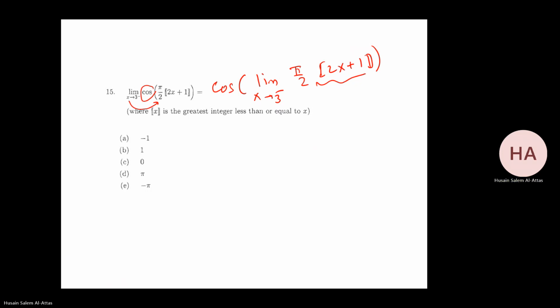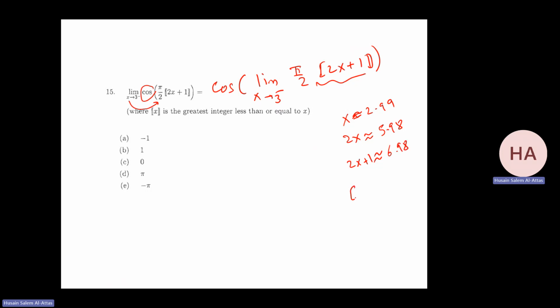Okay. For x going to 3 from the left, I'm thinking about x to be 2.99. Multiply by 2. That gives you what? 5.98, something like this. Add 1. It will not reach 7. It will be 6.98.